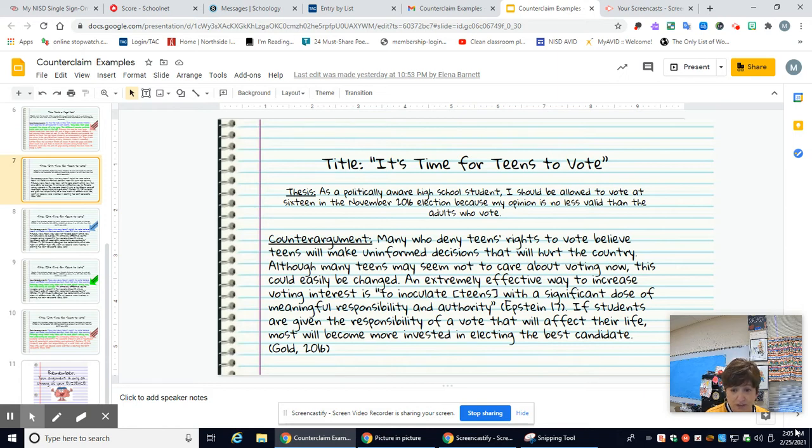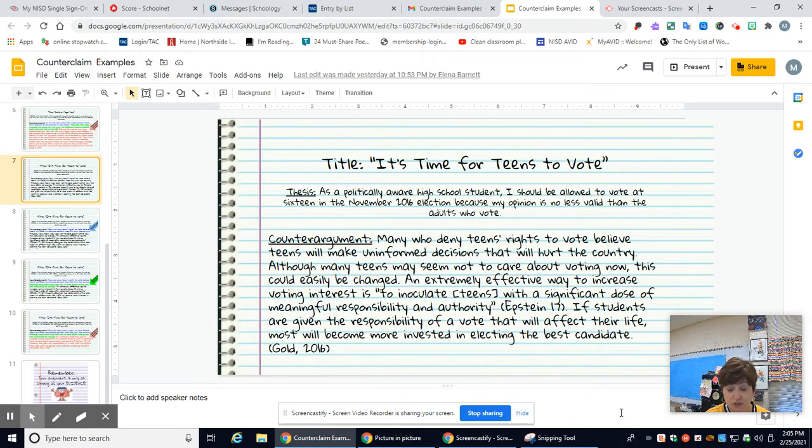An extremely effective way to increase voting interest is to inoculate teens with a significant dose of meaningful responsibility and authority. And there's an internal citation. If students are given the responsibility of a vote that will affect their life, most will become more invested in electing the best candidate. Once again, they've given a citation.